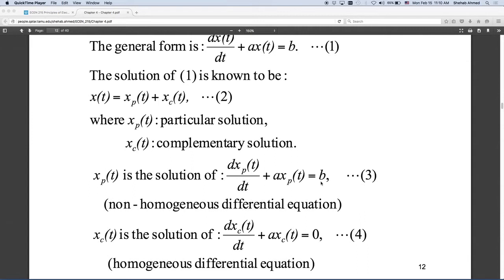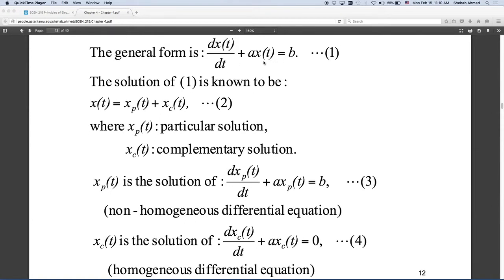It's like a shift in level of some kind, like having the exponential plus some constant value. So the general form for the solution of a first order differential equation in the format that we would like to solve will include an exponential component and a constant term. That's the general form.